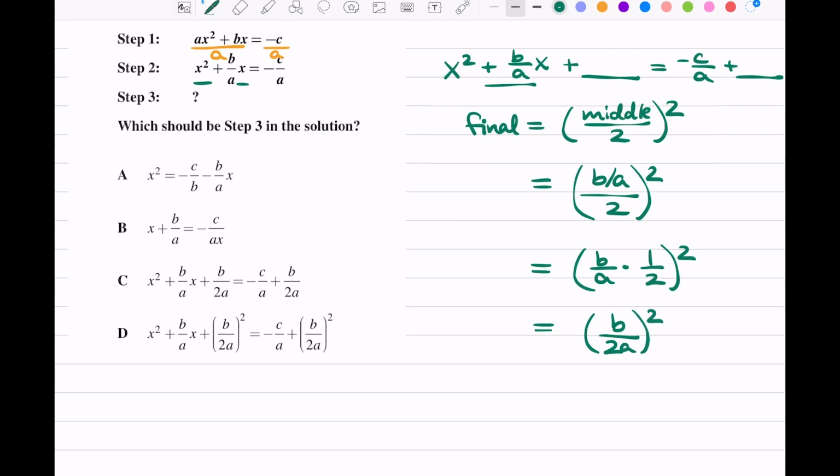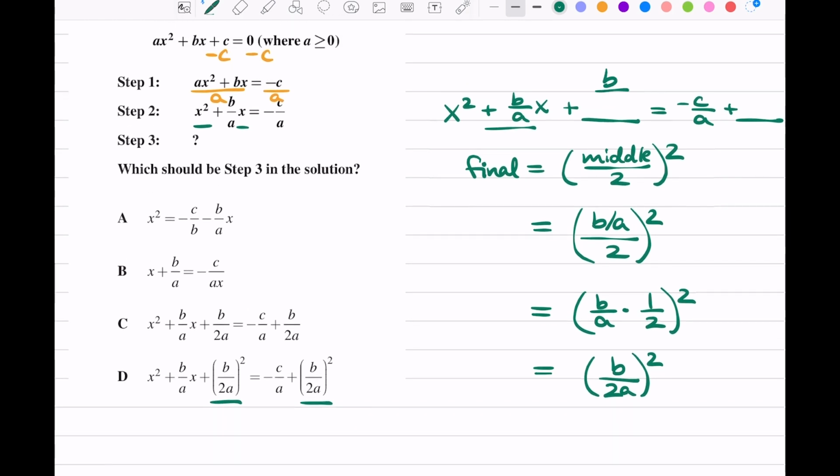So our final term is b over 2a, that quantity squared. And we could simplify this further. However, it looks like it matches one of our options. So we know that our final term is b over 2a, that quantity squared. And that would be Tony's third step. And that perfectly matches option D, so that's our answer.